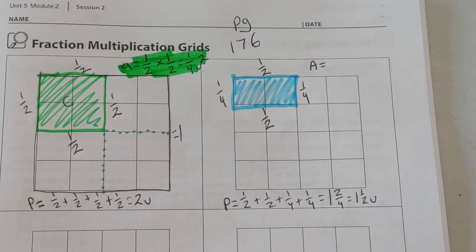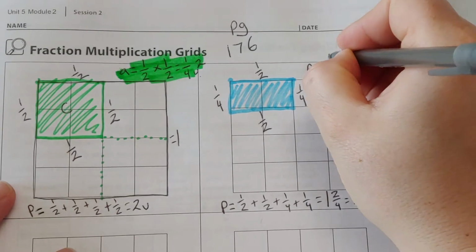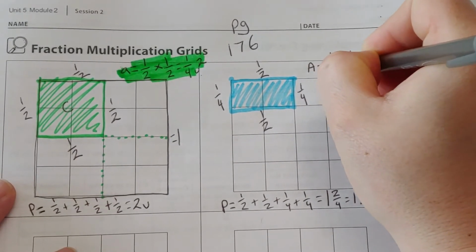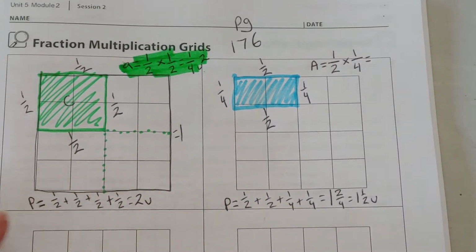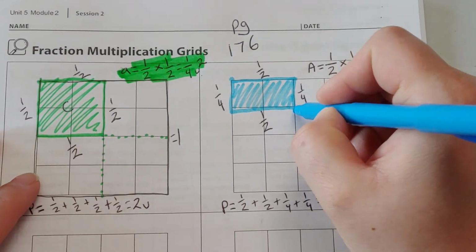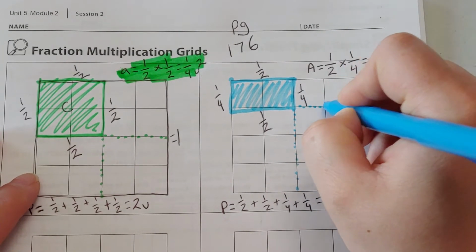Pause here, give it a shot. You know what? I'm going to do the exact same thing I did with the green C. I'm going to extend these lines out.